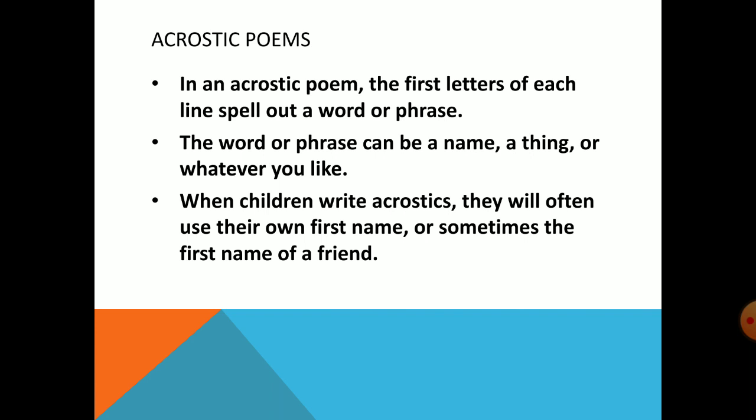Then the third thing is, when children write acrostic poems, like you, the students, you will often use your own first name. You can use your own name, whatever your name is. So you can write an acrostic poem from the letters of your name.